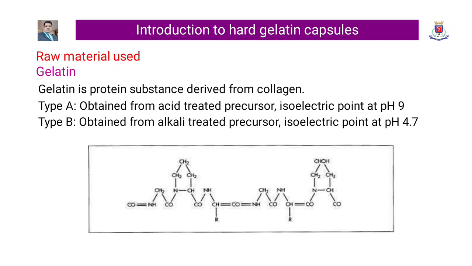Though the capsules may be made from either type of gelatin, the usual practice is to use a mixture of both types as dictated by availability and cost considerations. Differences in the physical properties of finished capsule as a function of the type of gelatin used are slight.